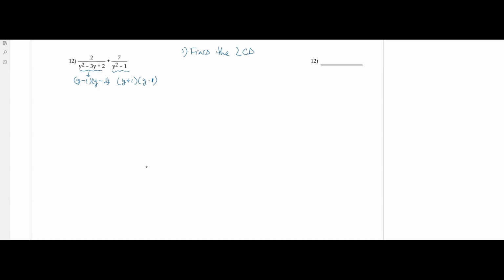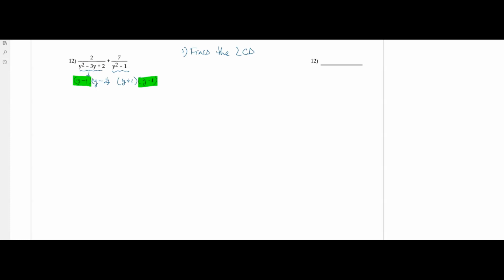Okay. So, if you want to find the LCD of these sets of factors, the first thing you have to do is say, okay, what is the common factor between those? And I can see that y minus 1 is the common factor, right?